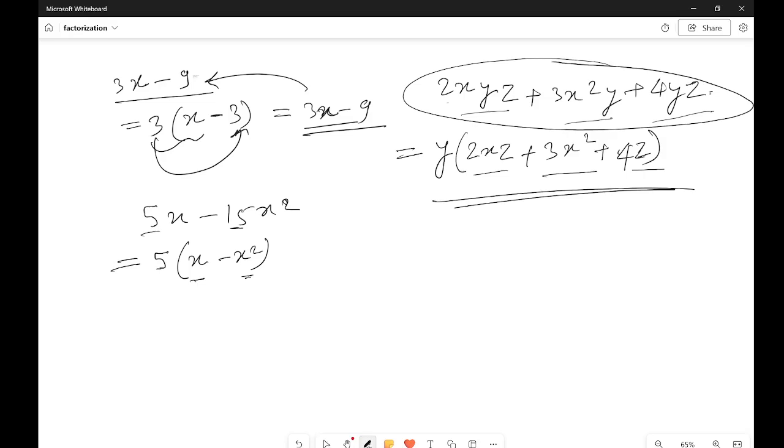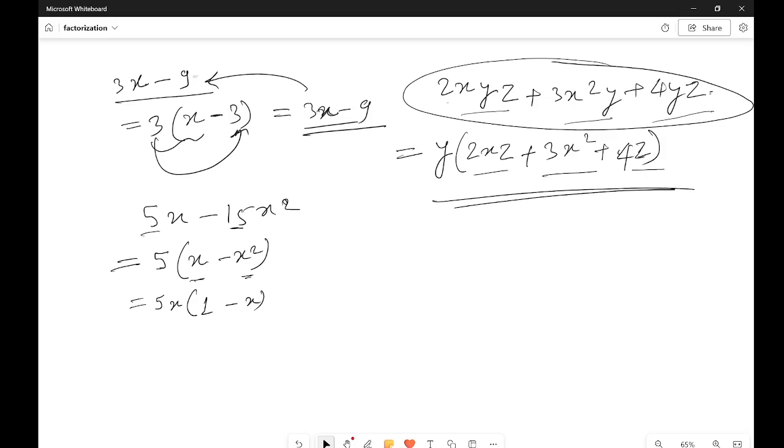So you could have taken x at the initial, or you can take it later as well. I'm just trying to explain you step by step. If you take another x common, this will be 1 minus x, right?